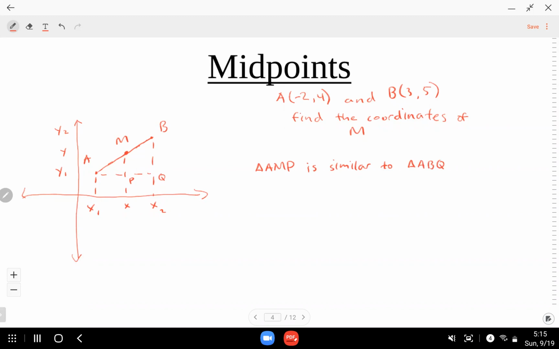Because the definition of a midpoint gives us two congruent segments, AM and MB, AM over AB would equal 1/2, right?